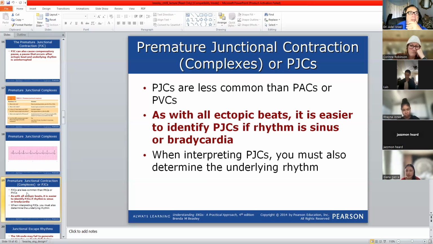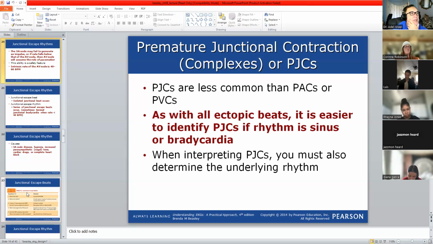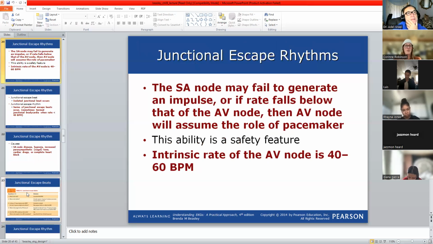I can't detect such premature beats. Very good. After that, we know that the premature beats can come from one ectopic focus or more than one ectopic focus, like we did with the atrial.